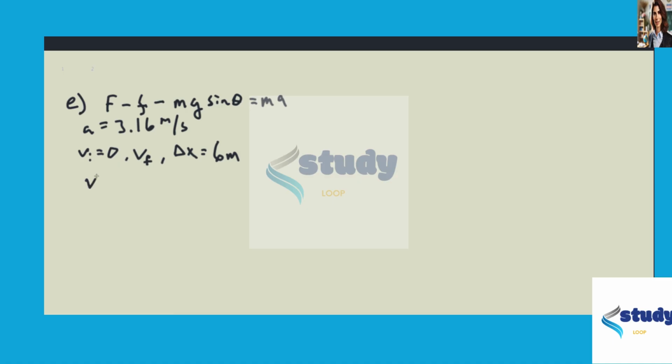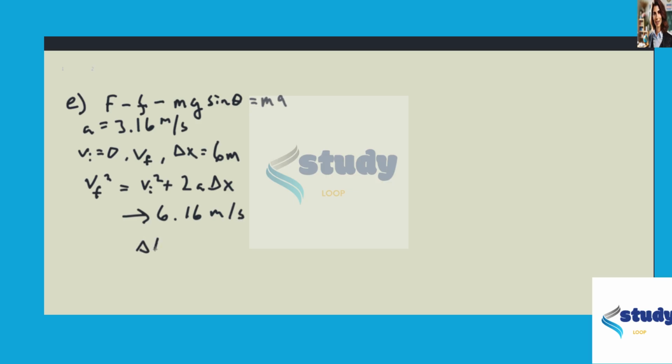And we can use the formula of Vf squared equals the initial squared plus 2 times the acceleration times delta x. We put the x-axis along the ramp. So then this is 6.16 meters per second.